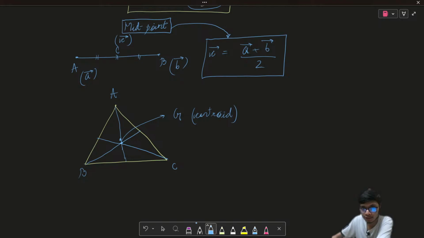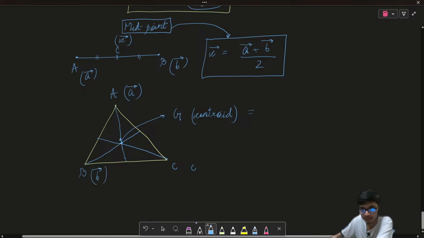All right. So let us say the position vectors of A, B, and C are given as A vector, B vector, and C vector respectively, right?